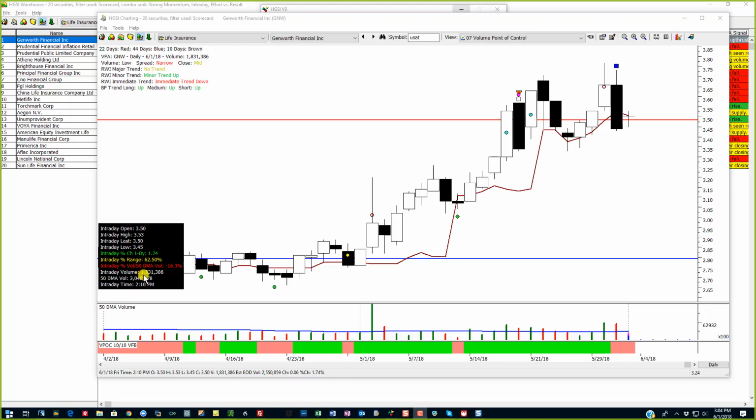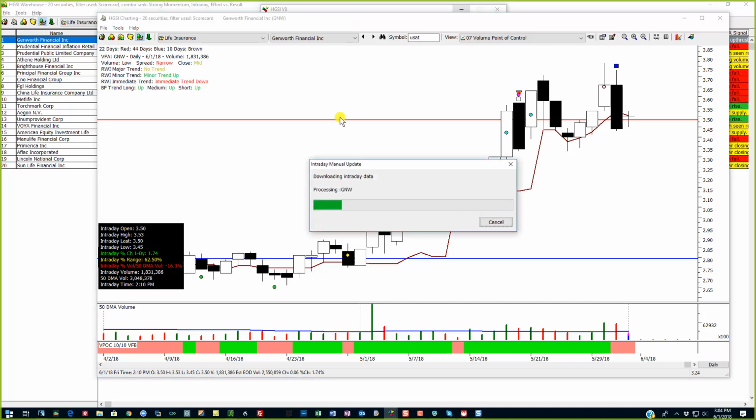And here's the volume, 50-day moving average volume. You can see that it's a lot less. And here's the intraday time, which, well, hold it. Let's see. That doesn't look right.